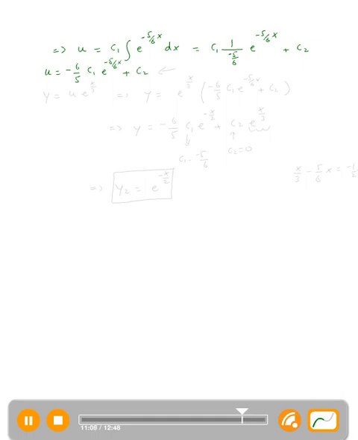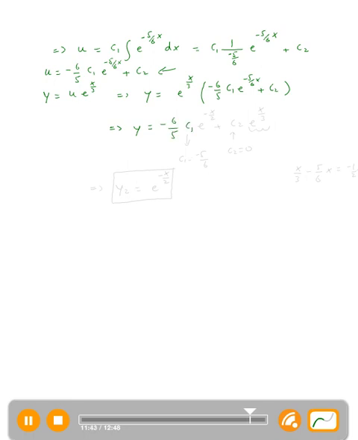But don't forget, the u, we're looking for the y, but y is equal to u times e^(x/3). This means that y is equal to, so we multiply, this is the u multiplied by e^(x/3). Now all we need to do is distribute. This will be equal to negative 6/5 c1.